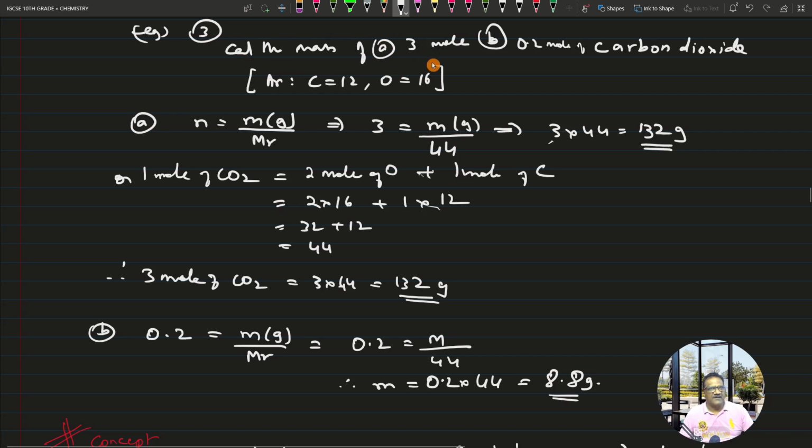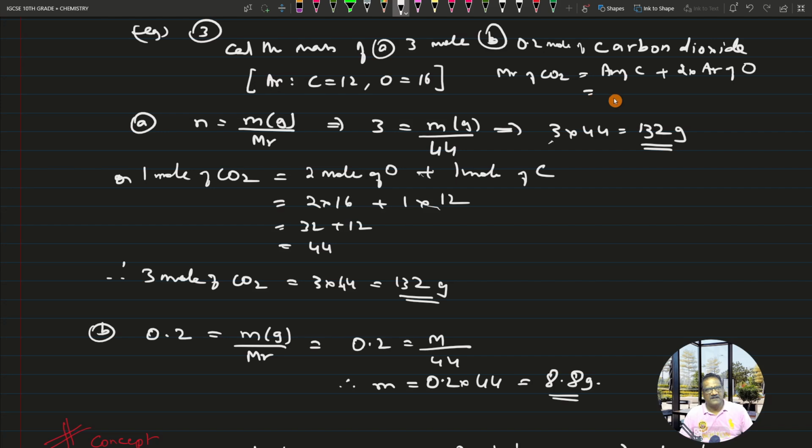Calculate the mass of (a) 3 moles and (b) 0.2 moles of carbon dioxide. Now carbon dioxide is CO2. Carbon's AR value is 12 and oxygen's AR value is 16. Fine. So what will be the MR value of carbon dioxide? MR of carbon dioxide will be AR of carbon plus 2 times AR of oxygen, isn't it?